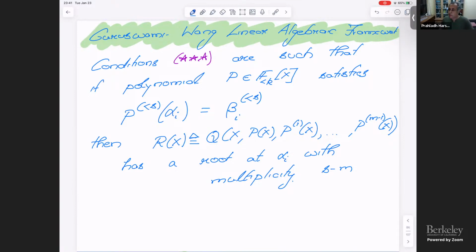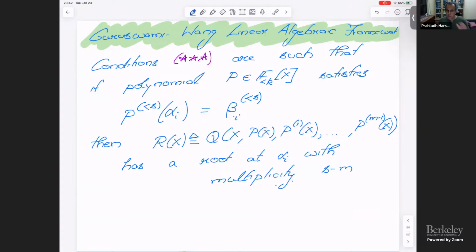This polynomial should have a root at the point alpha_i with multiplicity s minus m. The conditions basically just make sure that this is the case. These are a bunch of linear constraints, each telling you that this order derivative is 0, that order derivative is 0. The conditions star, star, star exactly ensure that if these two happen, then R(x) has a root at alpha_i with multiplicity s minus m.